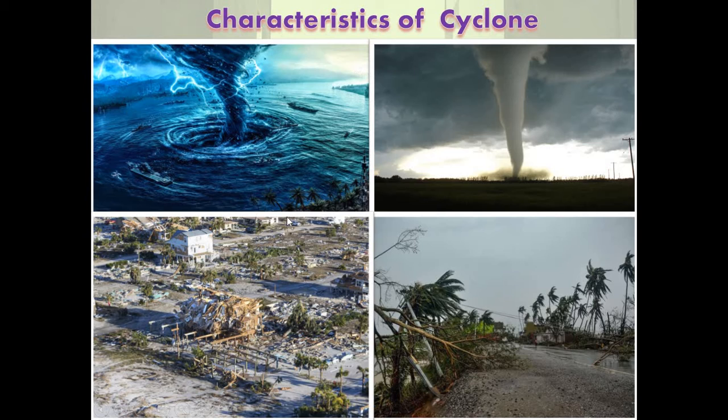Okay, so the first simple type of cyclone is tropical depression. Tropical depression wind speed is about 30 to 62 km per hour. Then after that, tropical storm, above 62 km per hour up to 72 km per hour.